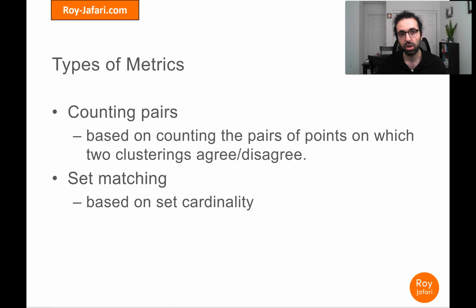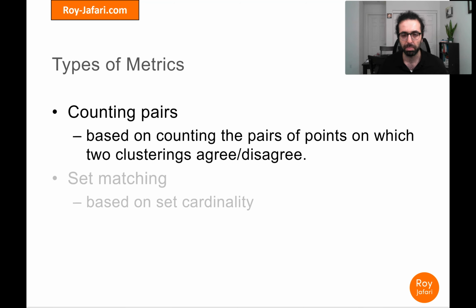The first one is based on counting pairs: we study the state of each pair, whether they are in the same cluster or not under each clustering, and based on that we come up with metrics useful to compare clusterings. Then we'll look at another category of metrics for comparing clusterings, which is set matching, based on set cardinality, which we'll understand when we see an example.